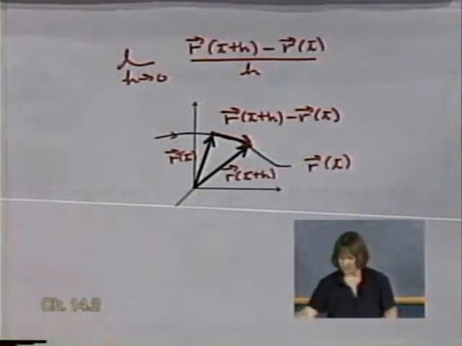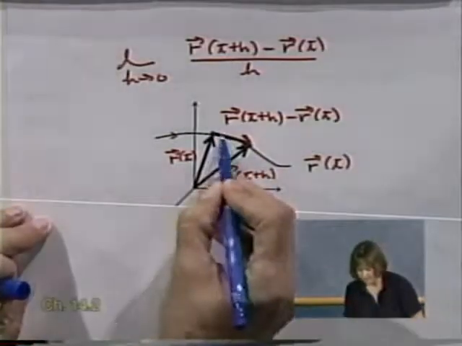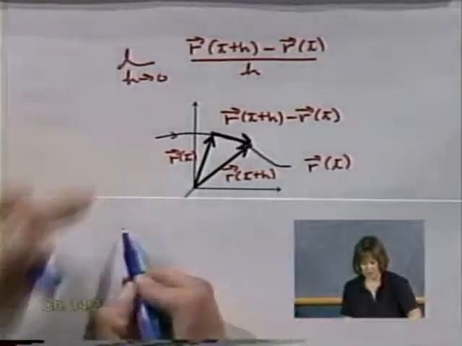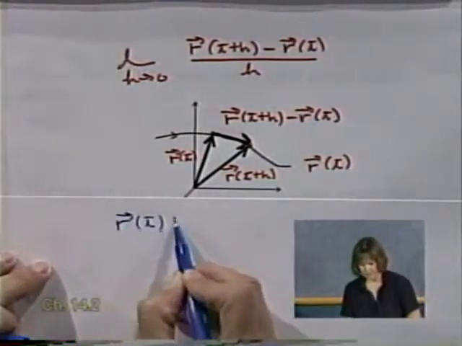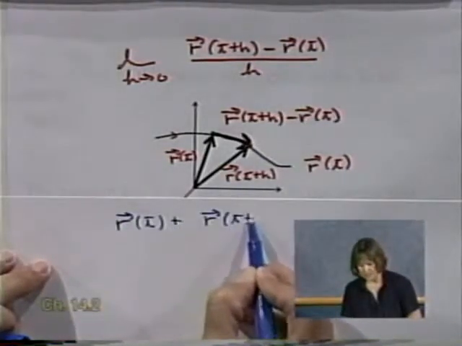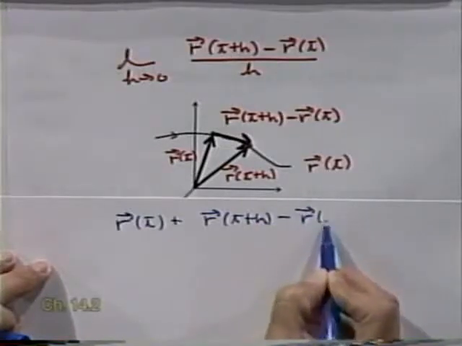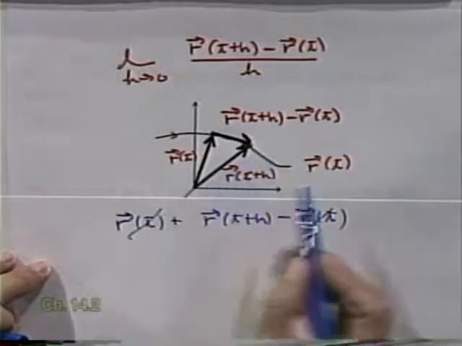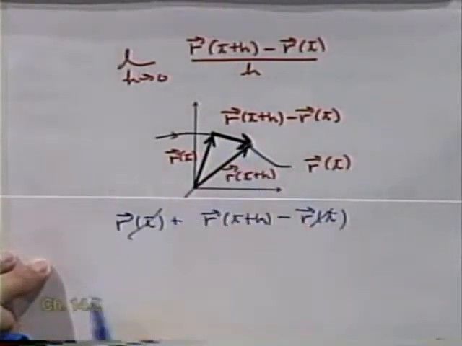So notice this vector right here is the difference of those two vectors, because if you take r of t and then add what I'm contending is r of t plus h minus r of t, as you can see, the r of t's cancel and you get r of t plus h. So this vector right here is the difference of those two.